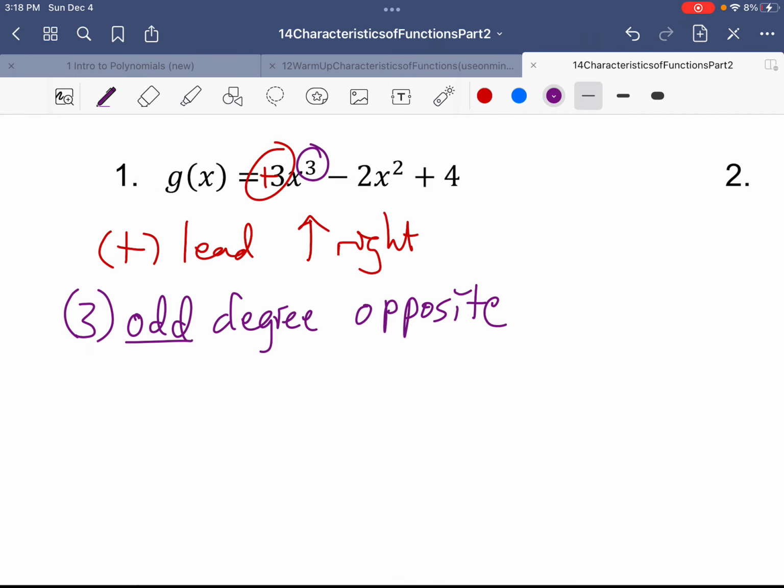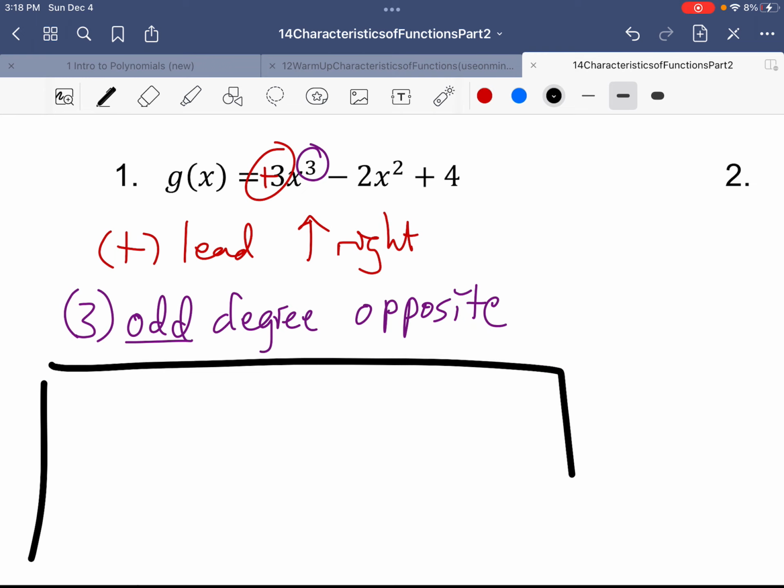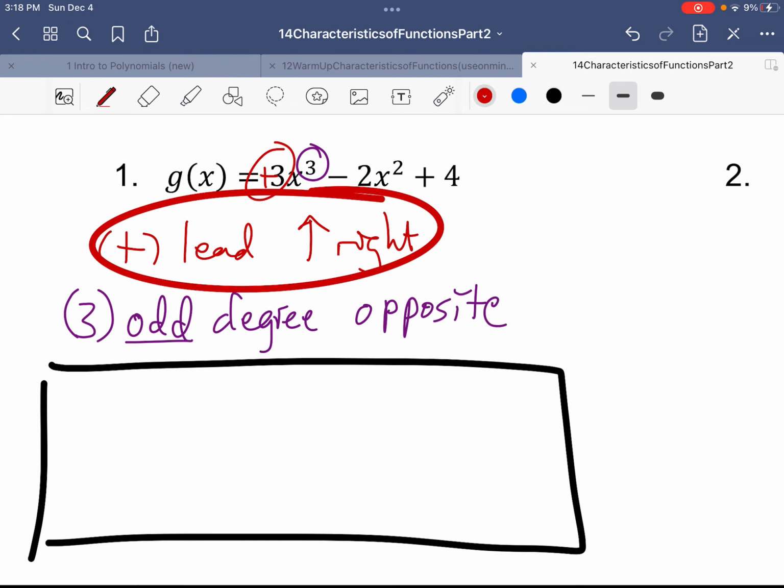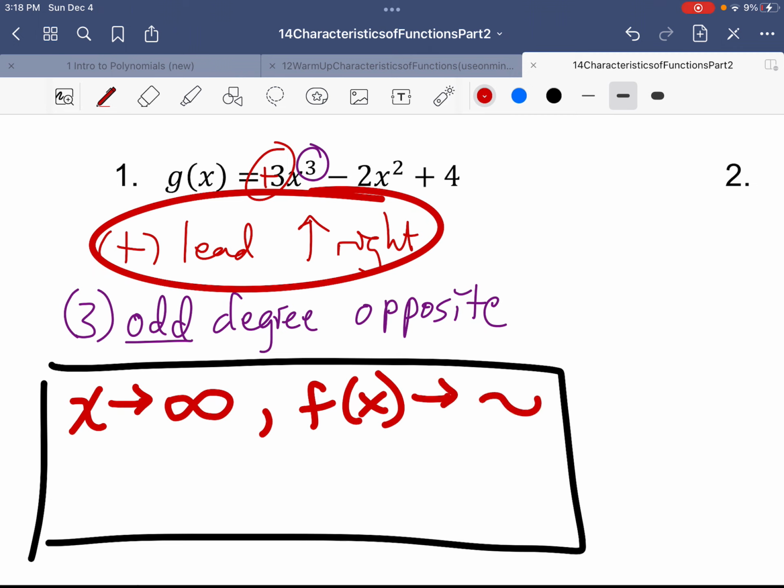So, in conclusion, and I always like to make this a little conclusion box, because this is what we're trying to do. Since the graph is going up to the right, that means that when x goes to infinity, the function, or the y value, is also going to go up to infinity.